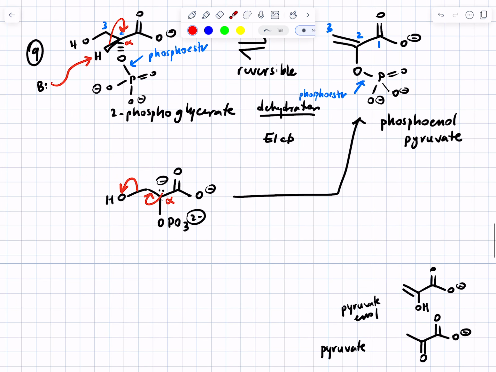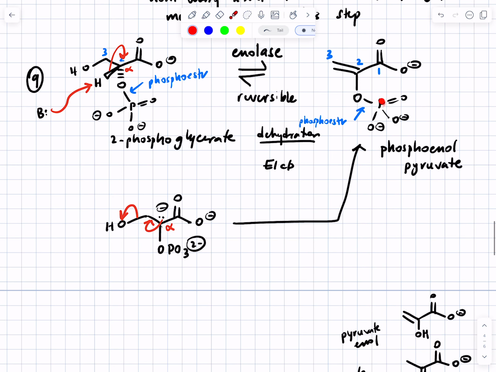Notice that if some nucleophile came in and attacked this phosphorus, this oxygen would leave not as a localized negative charge on the oxygen, but as a resonance stabilized enolate. So our strategy of getting the phosphate attached to something that was a better leaving group than just a regular old alcohol is what's guiding this process. Okay, questions about that step?